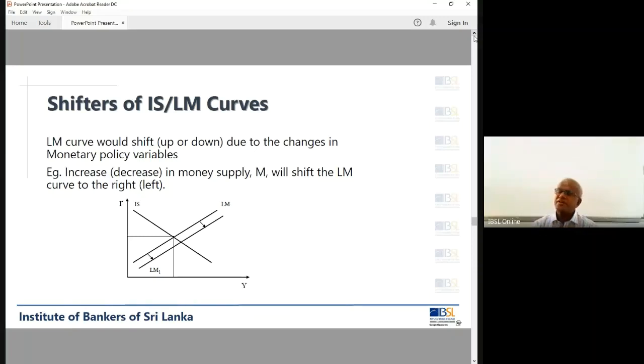Why? When interest rates come down, investors benefit. Investor confidence increases. Investors can borrow money at a lower cost, a lower opportunity cost, and then they will start investing. That was the idea. Sri Lanka is now moving towards a low interest rate regime.